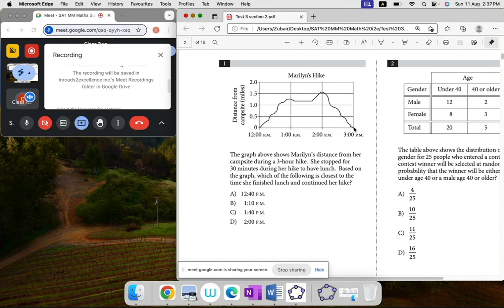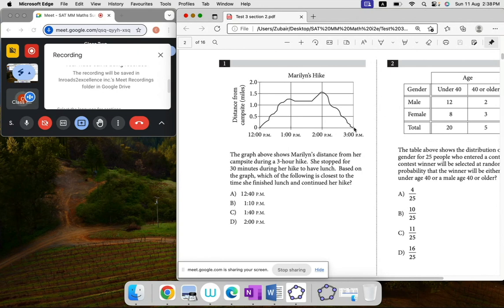Question number 1. Marilyn's hike distance from camp. The graph above shows Marilyn's distance from her camp during a 3-hour hike. She stopped for 30 minutes during her hike to have lunch.